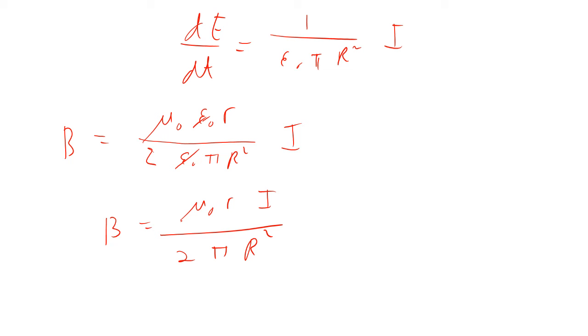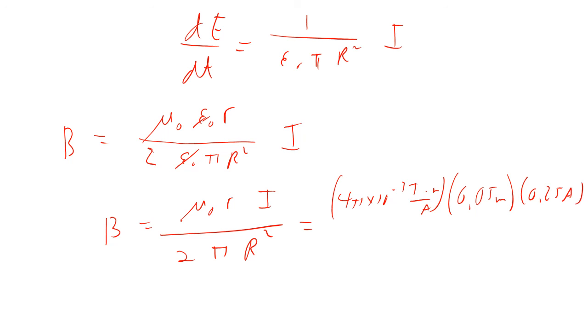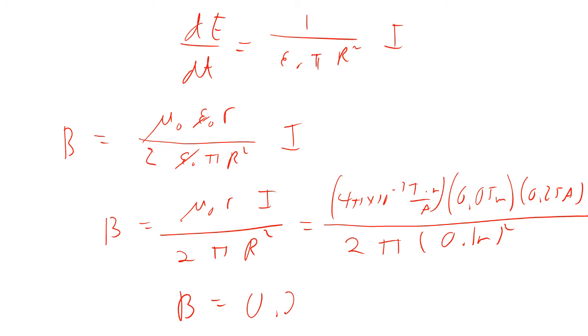At that point, we just plug in the numbers. Mu naught is 4 pi times 10 to the minus 7 tesla meter per amp. Little r was 5 centimeters, so 0.05 meters. We had 0.25 amps. Divide by 2 pi times 0.1 meters squared. And so the magnetic field comes out to be 0.25 microtesla.